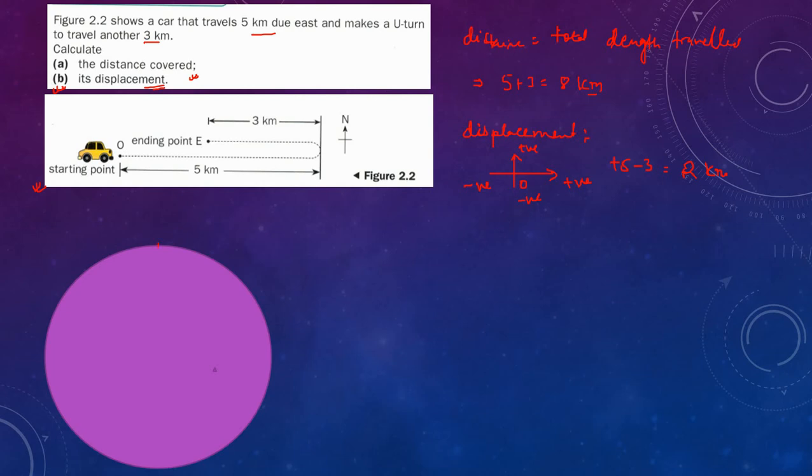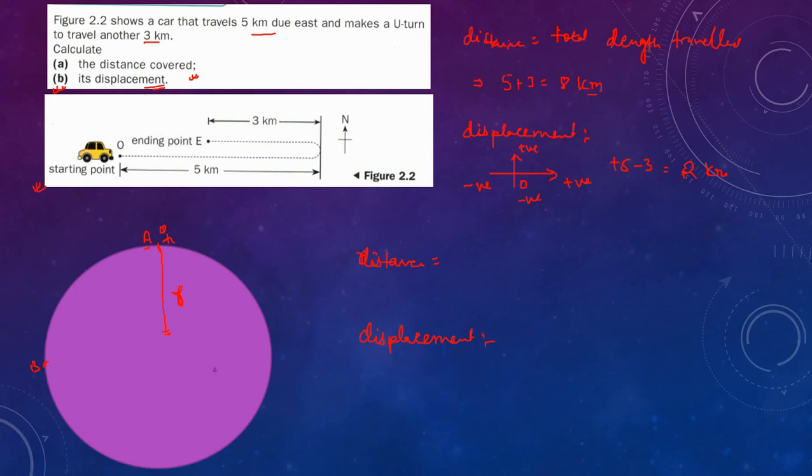Suppose a bicycle or a person is traveling from point A to point B. If the radius is r, and the boy is traveling from point A to point B in a circle, what will be the distance traveled, and what will be the displacement? Pause the video and think about it.